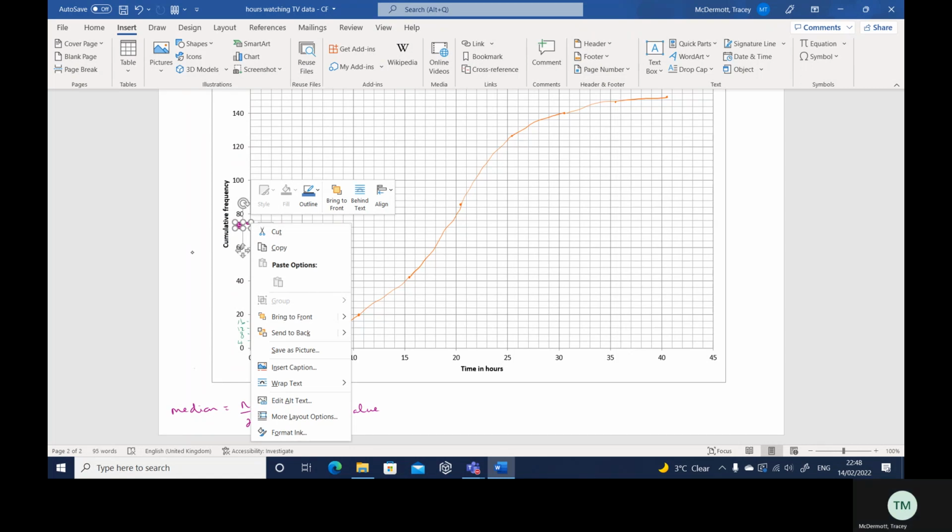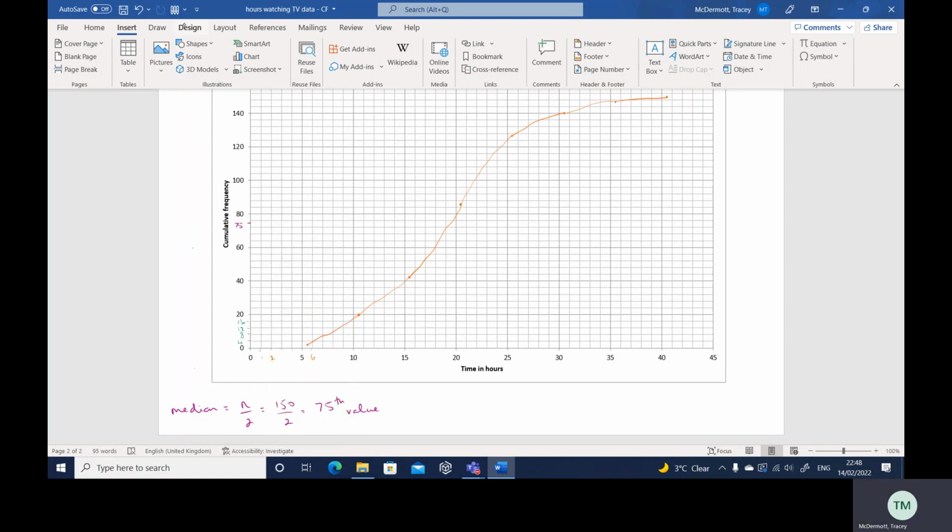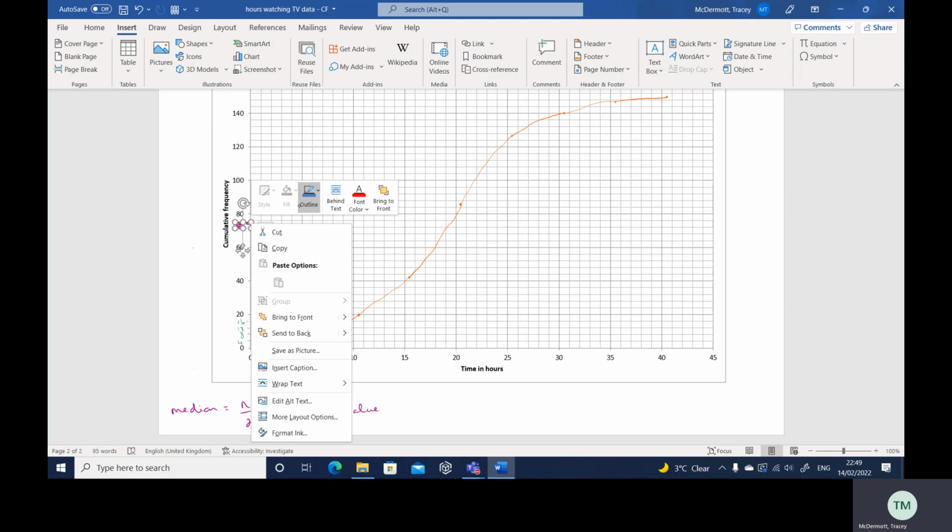Oops. Let me just do that again. You want to draw a straight line across. No, it's not letting me do it this time.